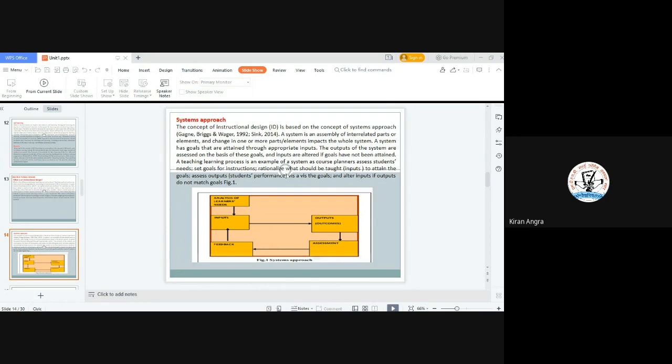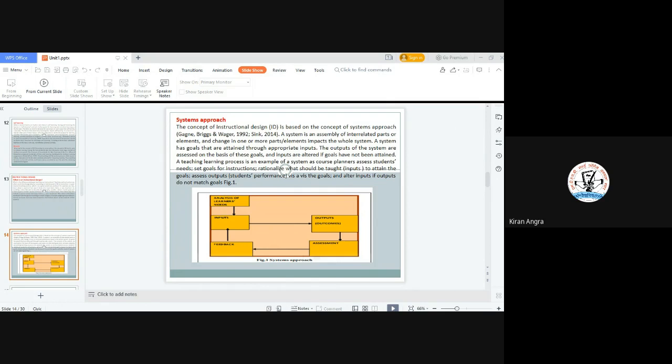So first we set our goals and objectives, what we want to deliver, and then the courseware, what instructions we want to give in the courseware. To achieve these goals, things are designed.